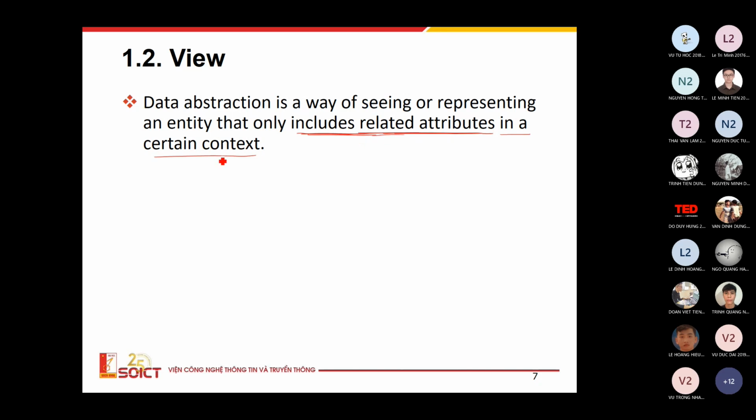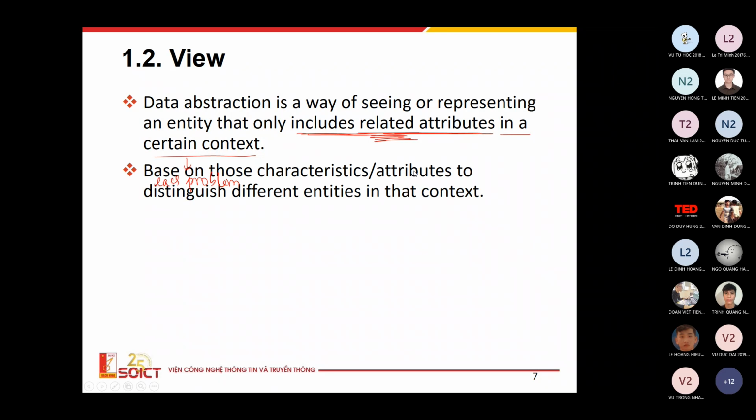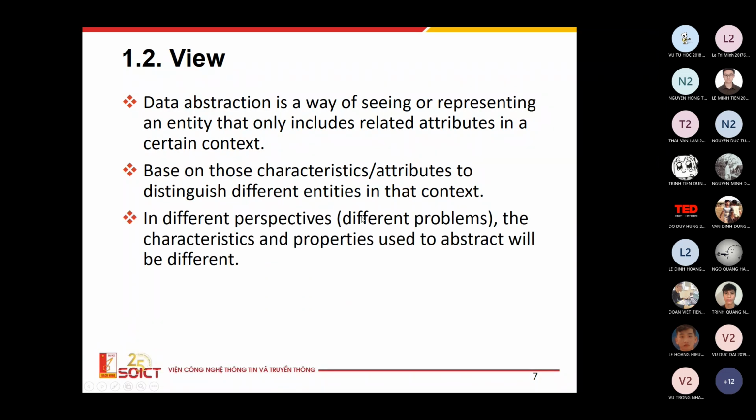For each problem, we consider that it is in some certain context. And then to describe the same thing in this context, we just include related properties or attributes. And of course, based on these attributes, we can make the difference between entities. And this is just a repeat that the characteristics we use in different problems will be different.